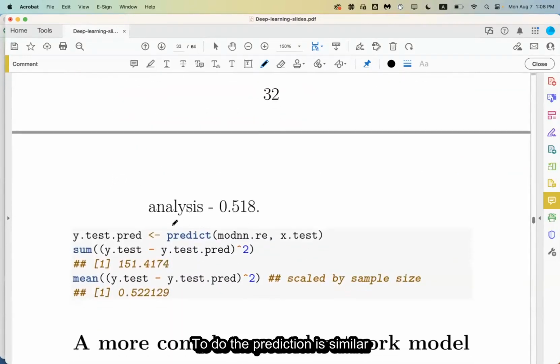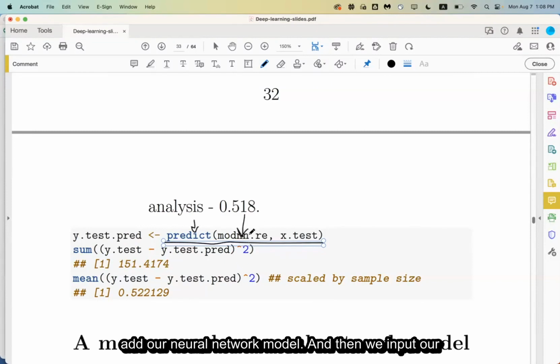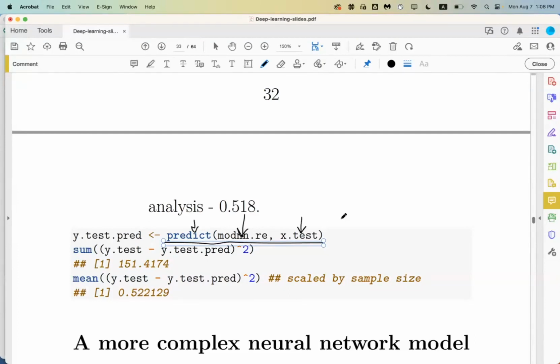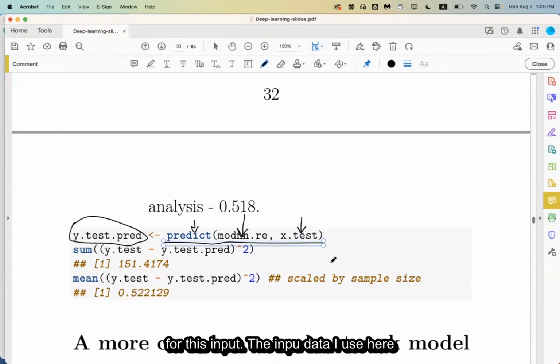To do the prediction is similar for neural network analysis as a regression analysis. We basically use a predict function. In the predict function, we can add our neural network model, and then we input our data. And based on the data, we can get the predicted value. So that's the predicted value for this input.